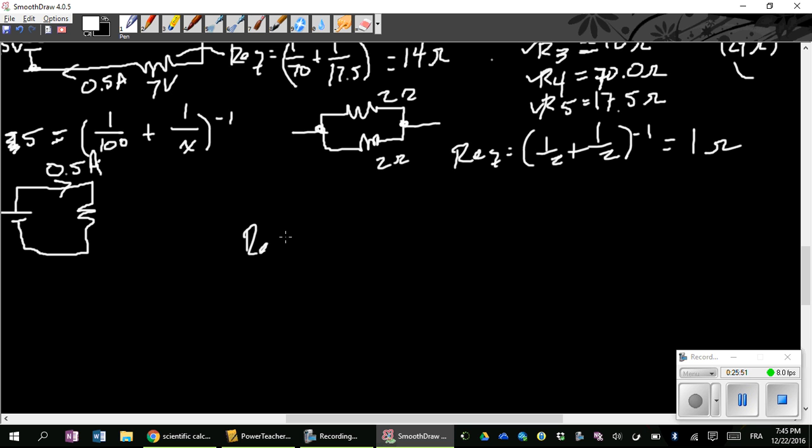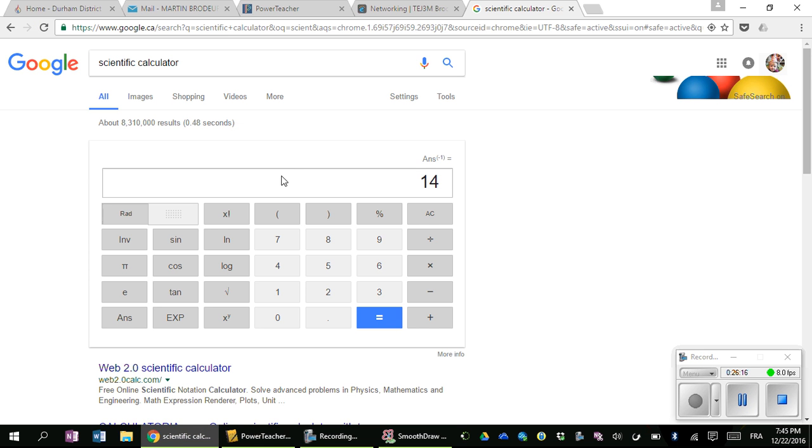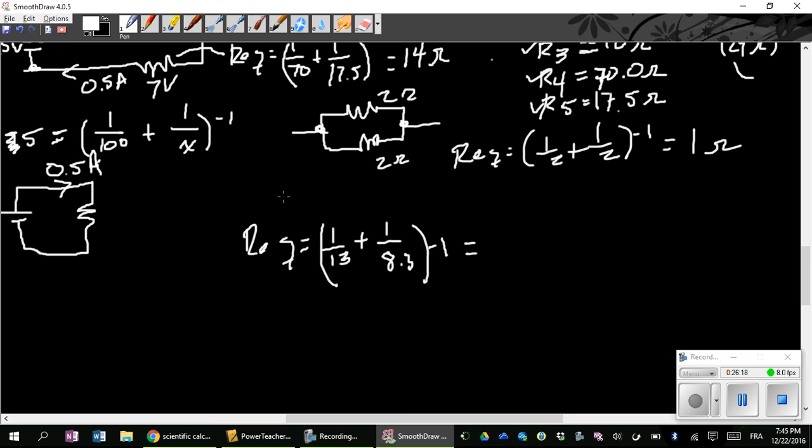R equivalent, getting messy, eh? If I have 13, bracket, plus 1 over 8.3, this has to give 5 if they get it correct. It looks like it will, because the numbers fit. Let's go on the calculator. Okay, what was it? 1 over 13.